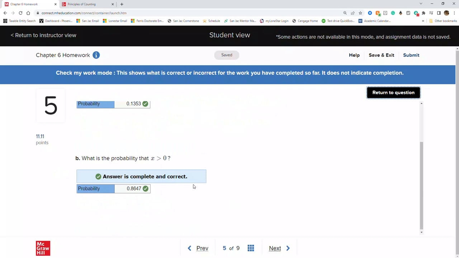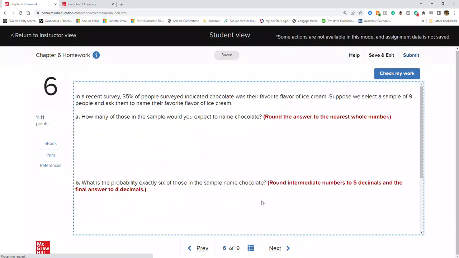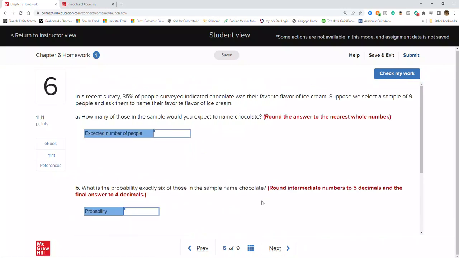Rolling on now. Now that we have Poisson and binomial, this should take most of the chapter. So next, in a recent survey, 35% of people surveyed indicated chocolate was their favorite flavor of ice cream. Suppose we select a sample of 9 people and ask them to name their favorite flavor of ice cream.